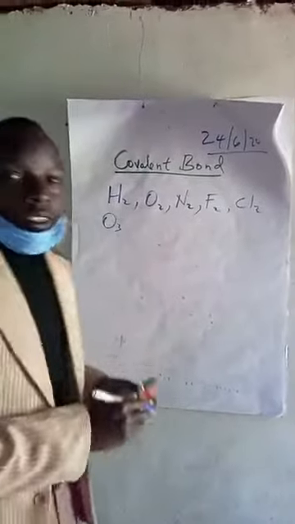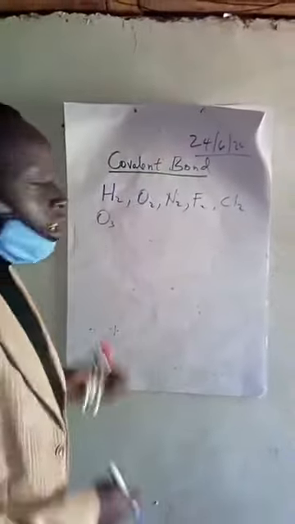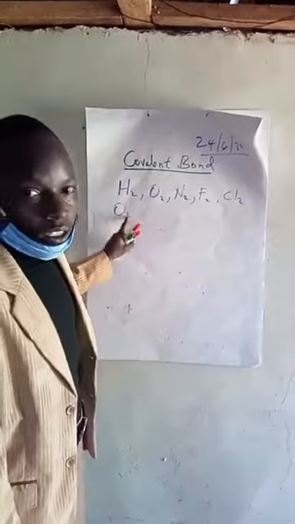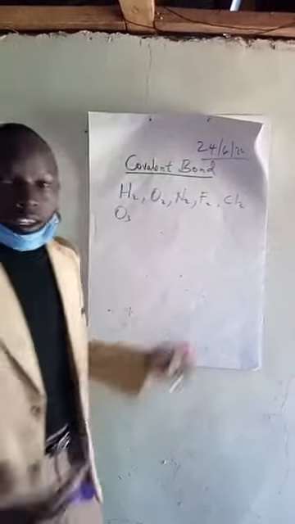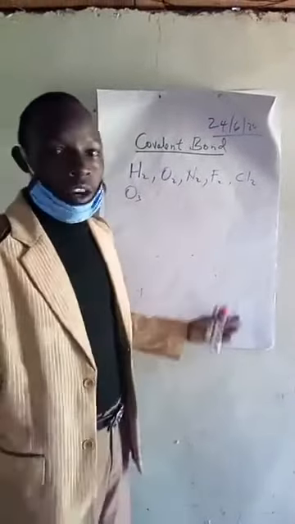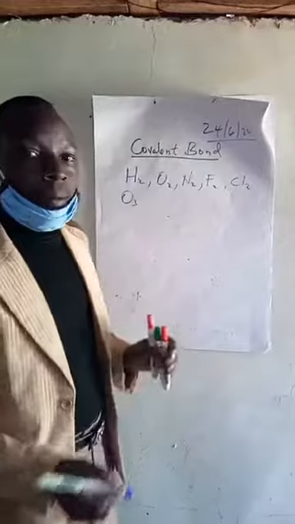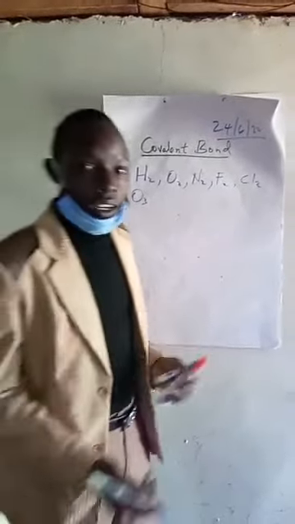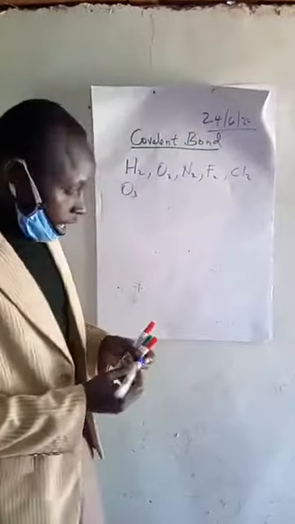So in this ozone, there are three atoms of oxygen to form an ozone molecule. So this actually is all about molecules, and we said the number of atoms making the molecule is called atomicity. So that's what we did in our last lesson.